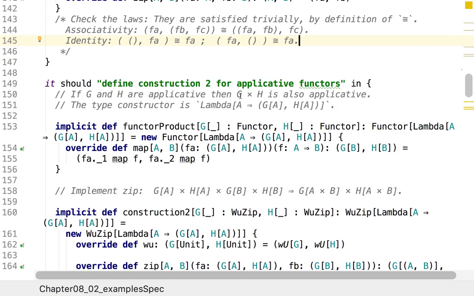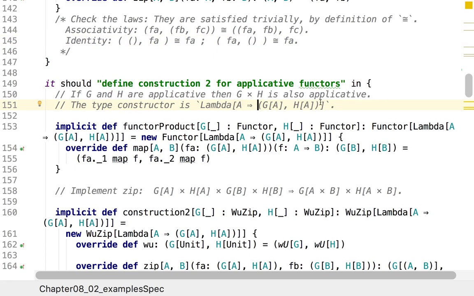Now, we need to define the type constructor somehow. We can't just say type F of A because we want G and H as parameters. The way around that is to use the syntax of the so-called kind projector in Scala, which I've been using in this tutorial.